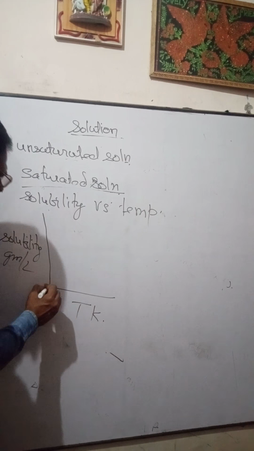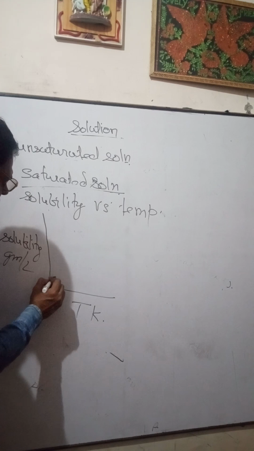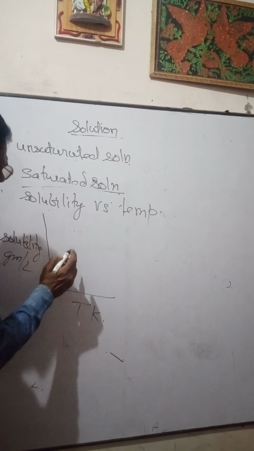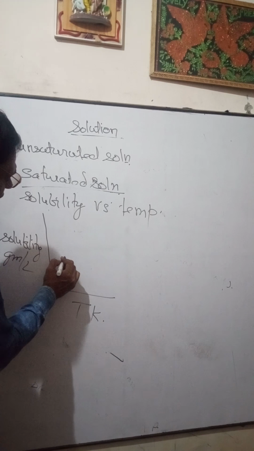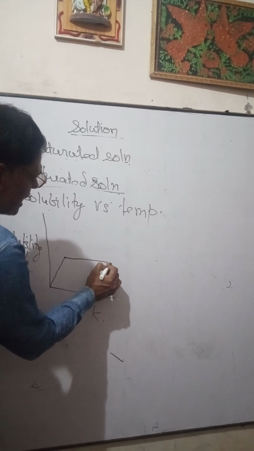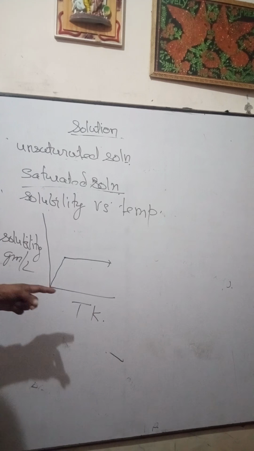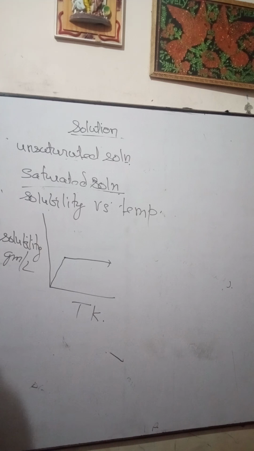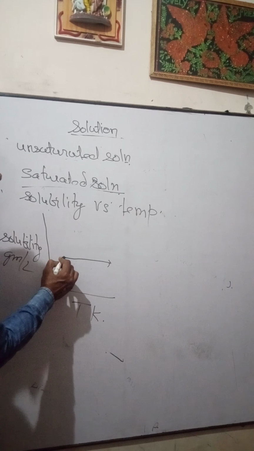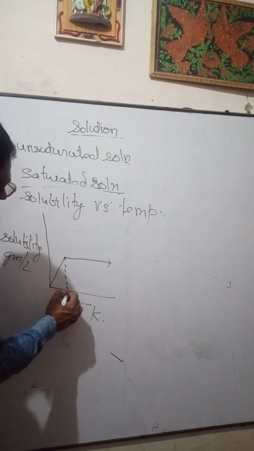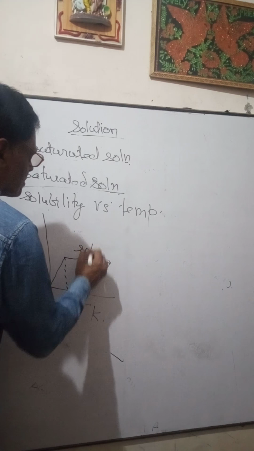It is observed that solubility increases with a rise in temperature, but after a certain point it does not increase, it becomes parallel to the temperature axis. At this point it indicates that the solubility does not increase.